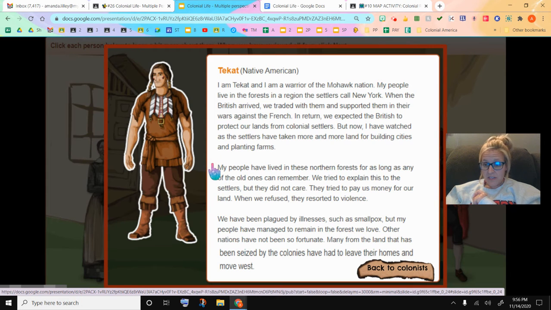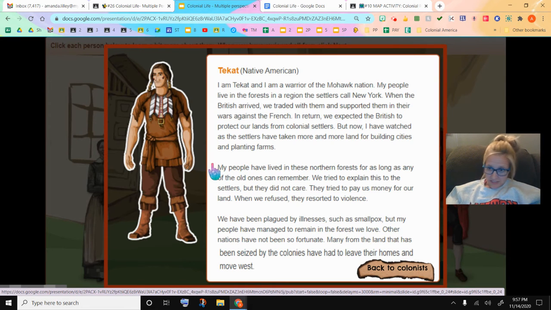Then you've got Takat, who's a native, and he's living in the forest around New York. And he's talking about how the British keep pushing them off their land, and that's something that he's definitely not a fan of. They said they tried to give him money, but then they got violent when the natives didn't accept the money.